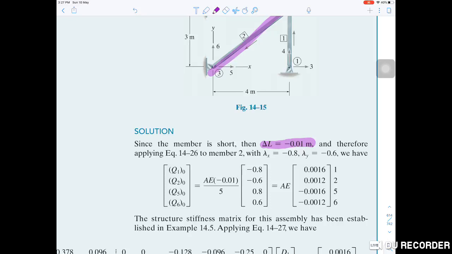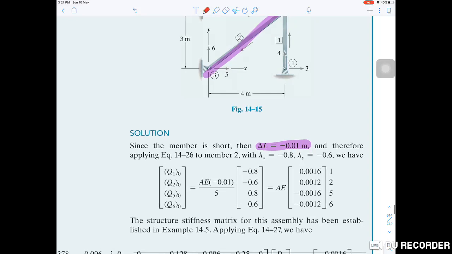So the fabrication error value is actually delta L, shorter means negative 0.01 meter. This means that during construction this member is fabricated shorter by 0.01. So this will give an effect to the displacement and the reaction as well as member forces.